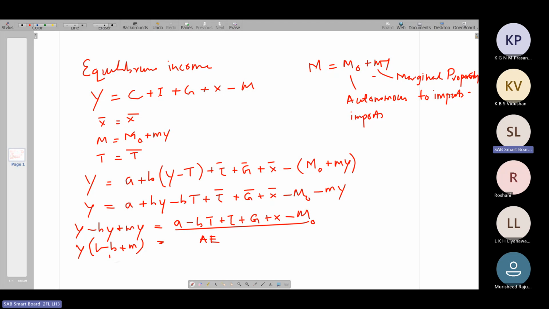So the equilibrium equation we can write as 1 over 1 minus B plus small m, times autonomous expenditure A. All the right-hand side variables are exogenous and do not depend on income. So this is our equilibrium income equation, right?